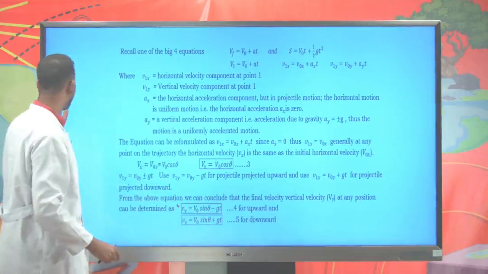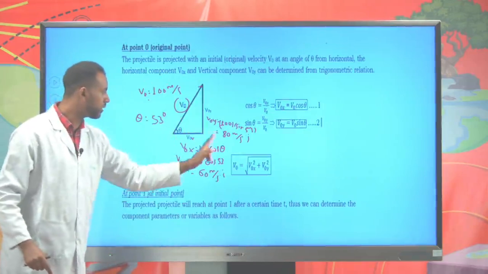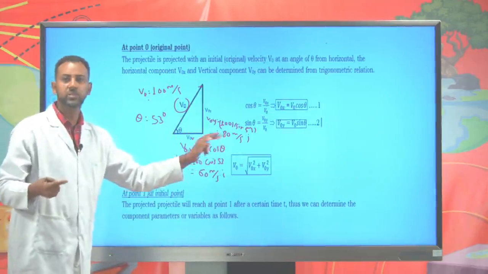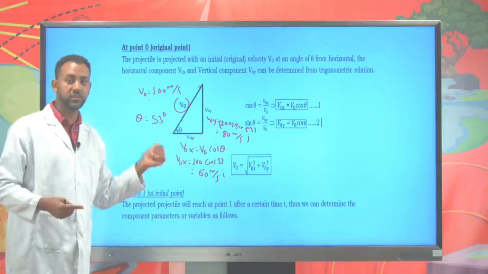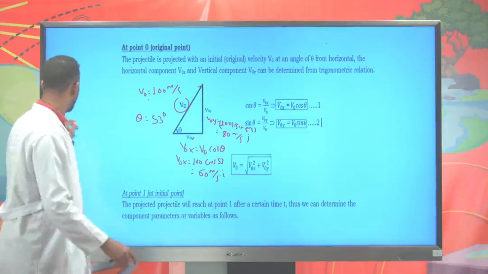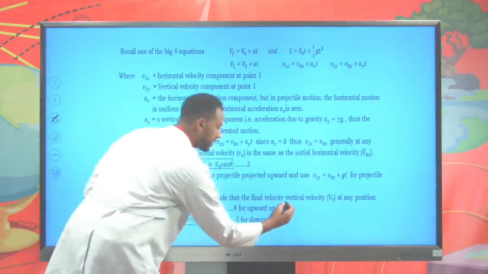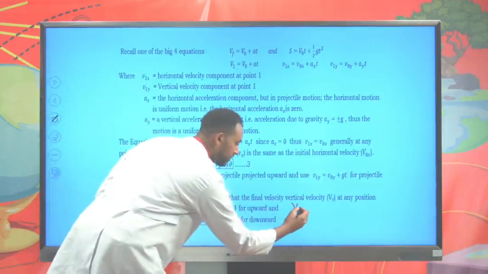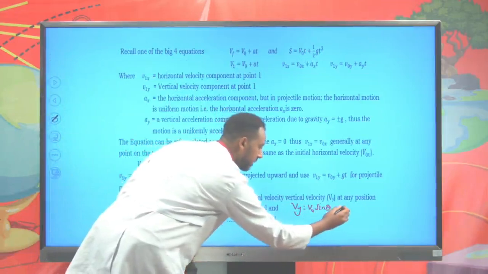Previously you found that the vertical component of the initial velocity is 80 meters per second. Suppose we ask: what is the vertical velocity of this particle after 2 seconds? To determine it, Vy equals V naught sine theta minus gt.